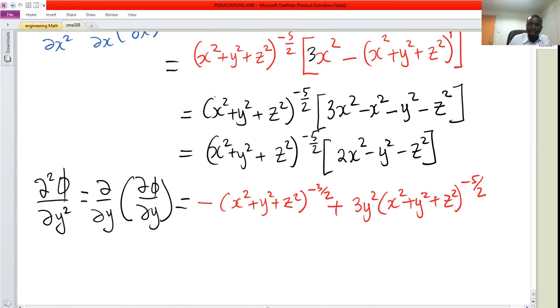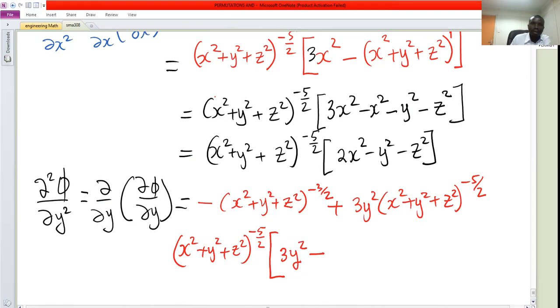Similarly, you factor out this bracket raised power minus 5/2. So we'll have x squared plus y squared plus z squared raised power minus 5/2 into, so this part will give us now 3y squared, minus sign is here.